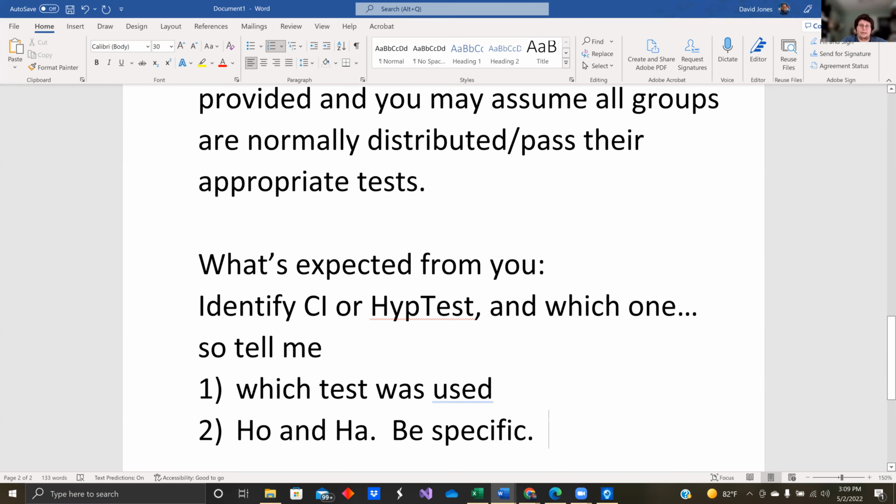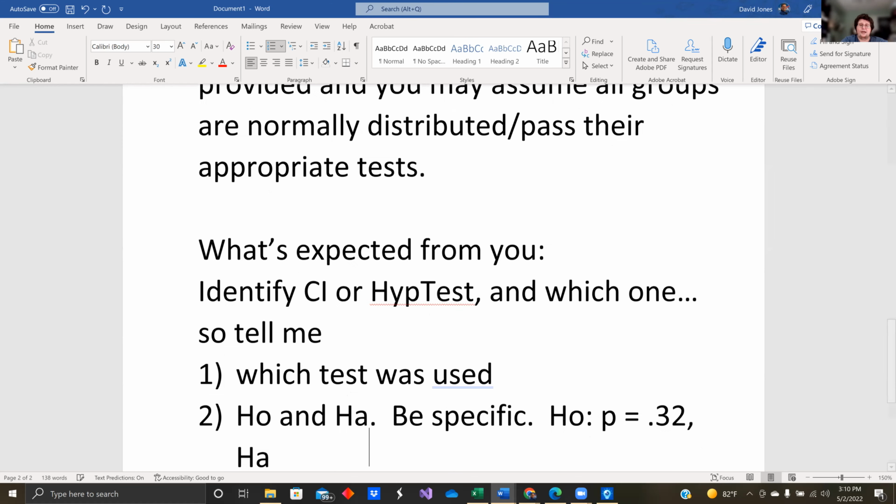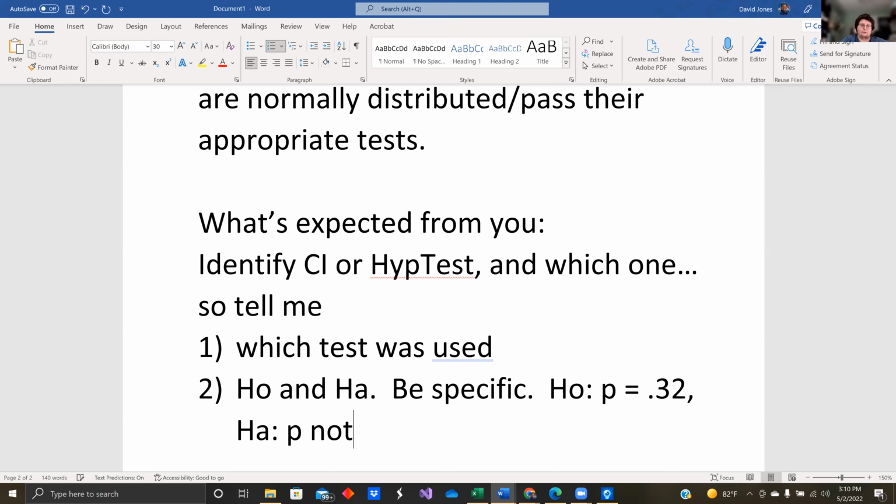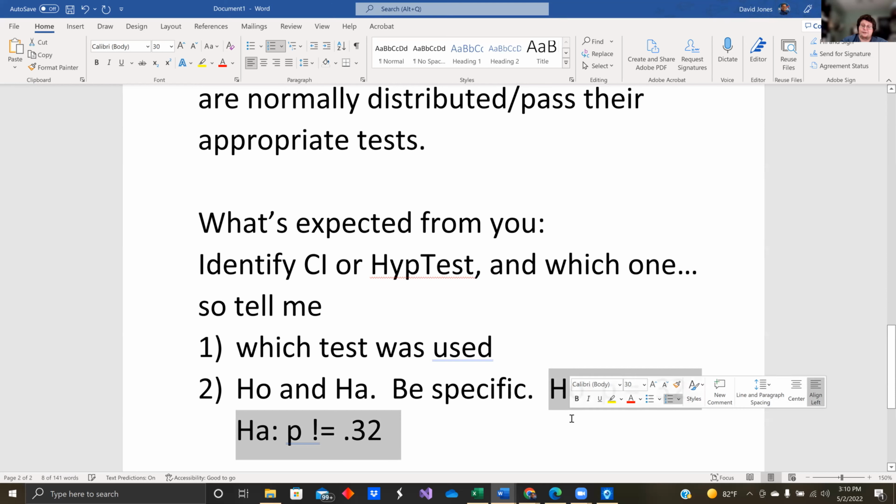Like H0: p equals 0.32. HA: p does not equal, another way of doing not equals is the exclamation point, not equal to 0.32, or whatever it is. So you'll have to be specific.